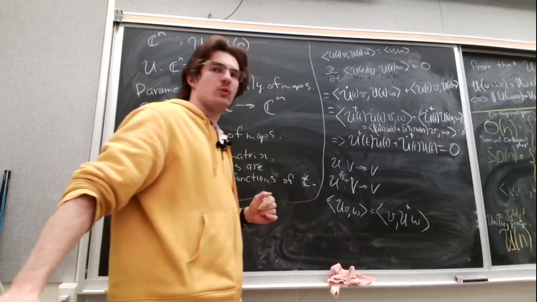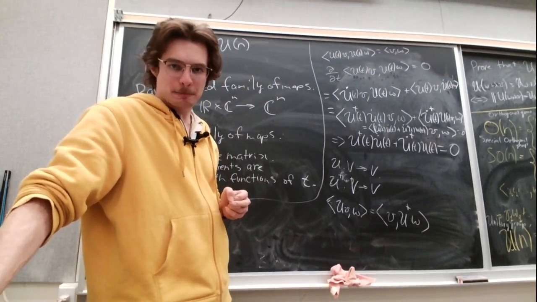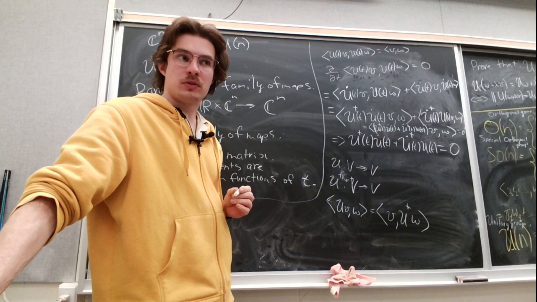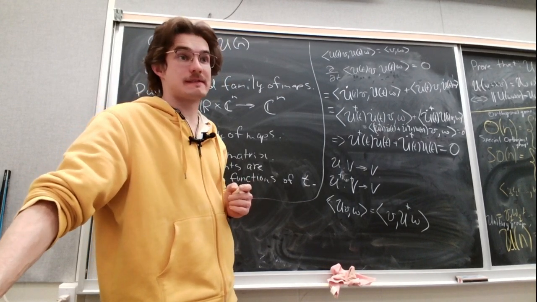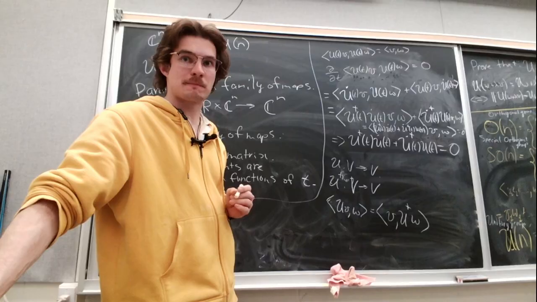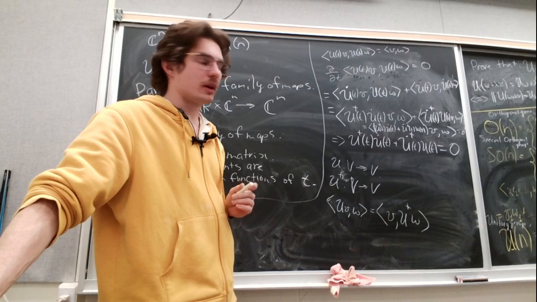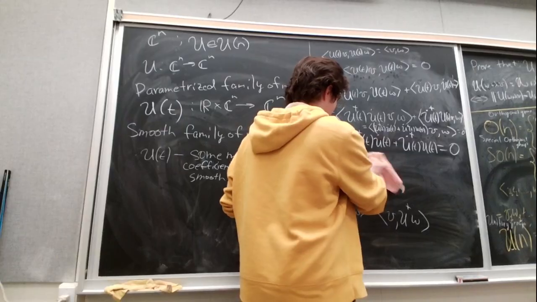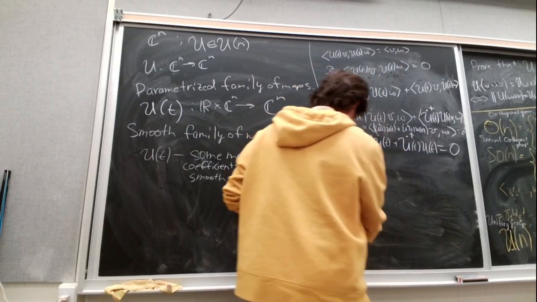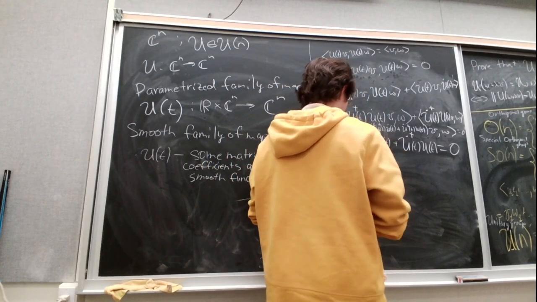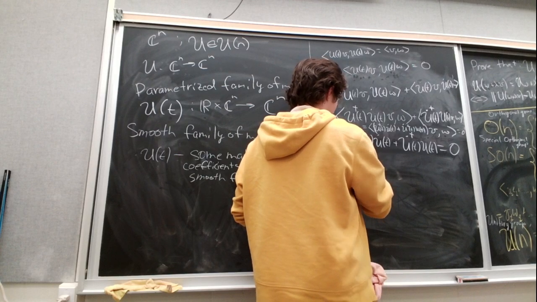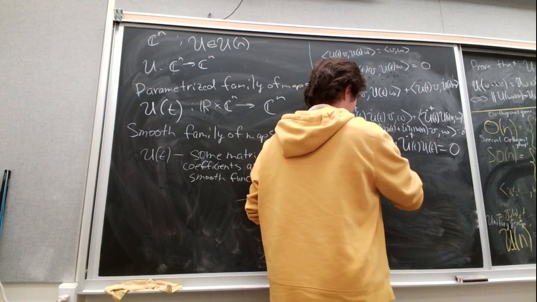Now I'm going to impose a certain condition. I should have imposed it at the beginning, but suppose that u of 0 was the identity.